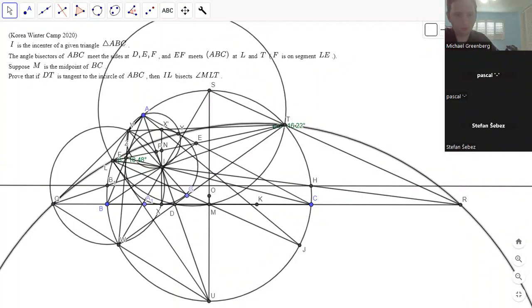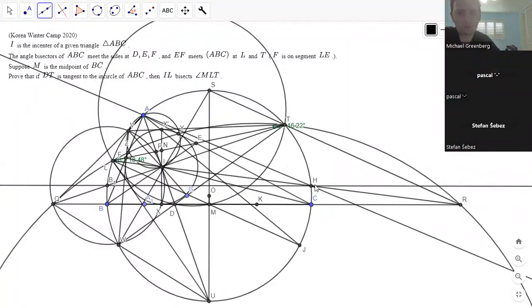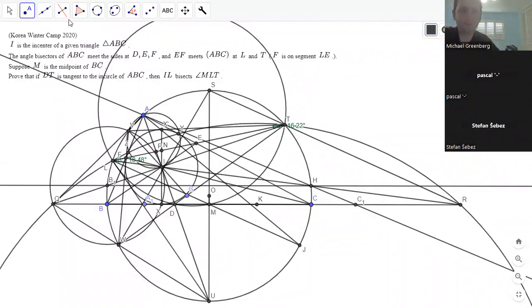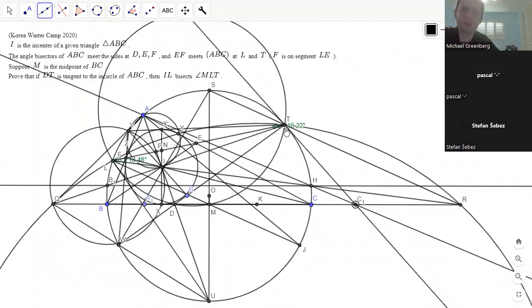Yeah, and also a part of that configuration, if you intersected, for example, AH with BC, that point would also lie on the external common tangent. Interesting. So basically T and that point would be tangent to the circumcircle and the A-excircle. Yeah, the circumcircle and the A-excircle.